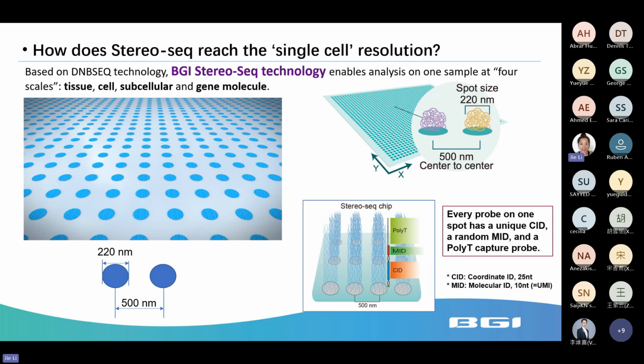On these chips, we have millions of spots, and each spot is 200 or 220 nanometers in diameter, with 500 nanometers distance between spots. So we have 500 nanometer resolution in general, which is probably the highest resolution on the market now.